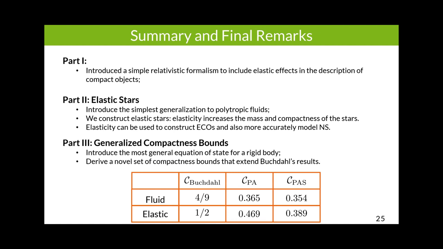For physically admissible solutions, so again, solutions that are causal and satisfy the energy conditions, the bound moves from 0.365 up to 0.469, so much more compact. While if you impose radial stability, this bound gets much stricter, but it's still larger than the fluid case, and you can go up to 0.39 more or less.